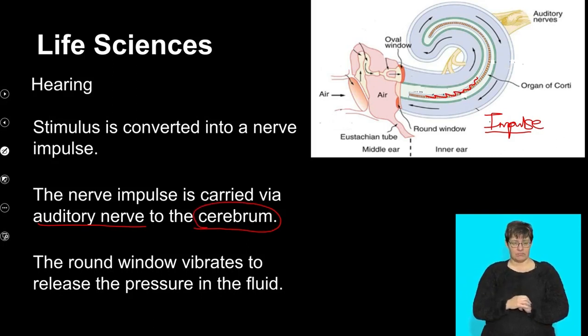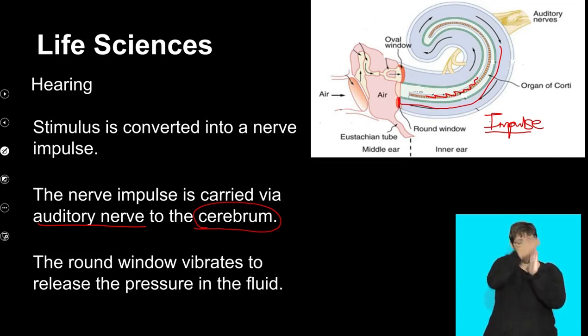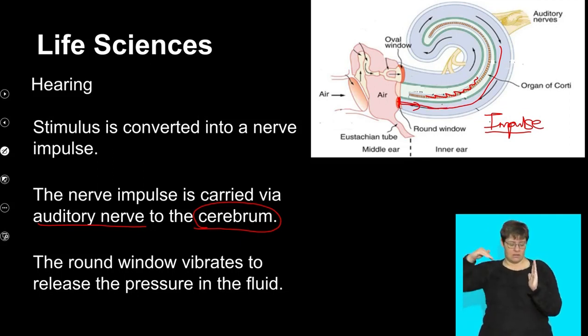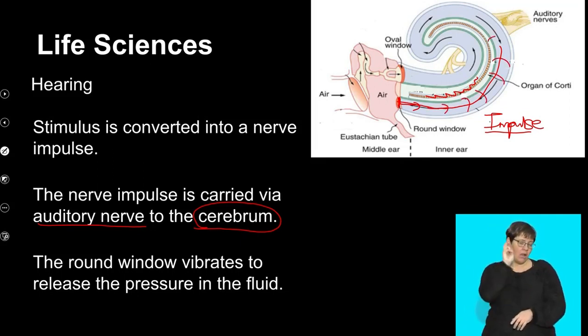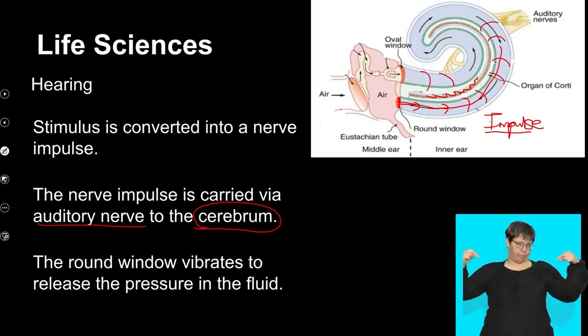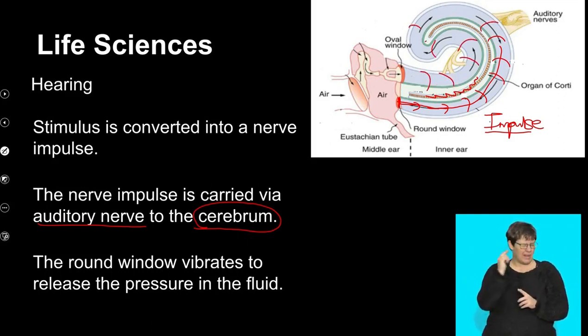Now the round window has another function, and that is the following. Here, all the pressure waves come and come and come. If there was nothing, just a little wall there, they would reflect and go back. So you would start getting interference, because they would go this way and the original waves would go that way, and you would get a lot of distortion of sound. It wouldn't work.